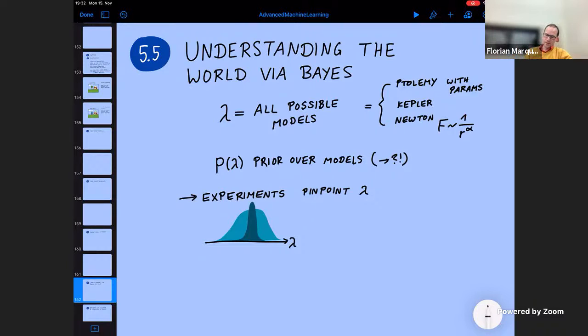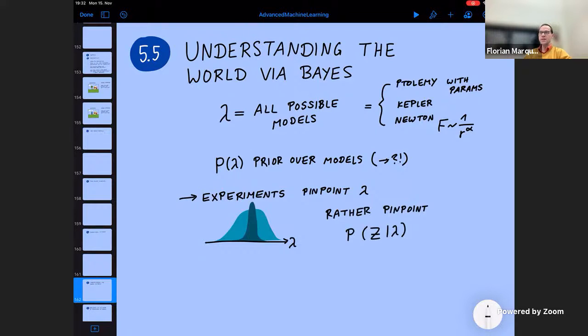So we could introduce other variables of interest besides the observations y that we are using in our experiments. If the probability distribution over these other observables that are of some practical interest, maybe interesting for the engineer, shrinks and becomes narrow, then this is a success. And this can happen even if multiple models, multiple different values of lambda, are still consistent.